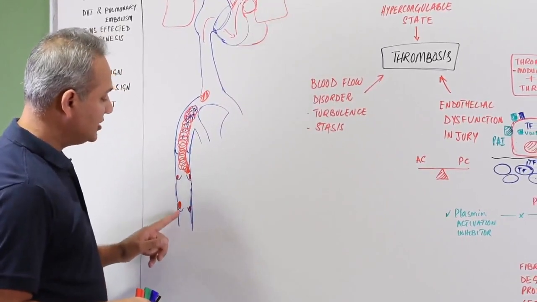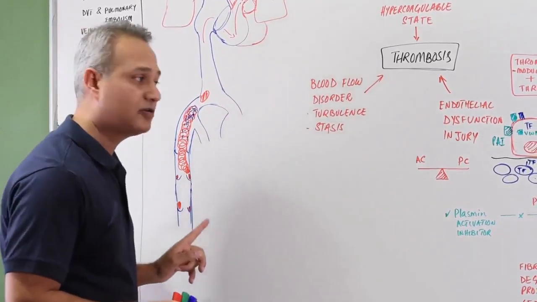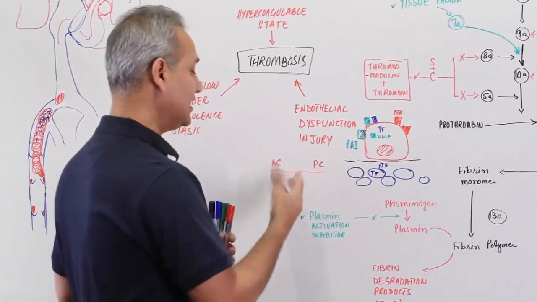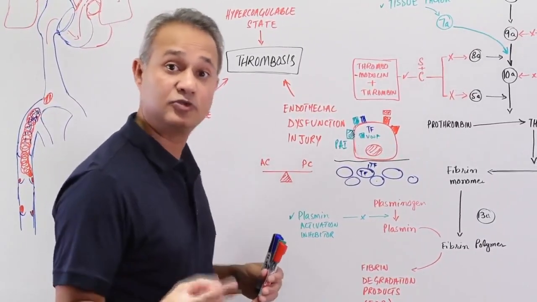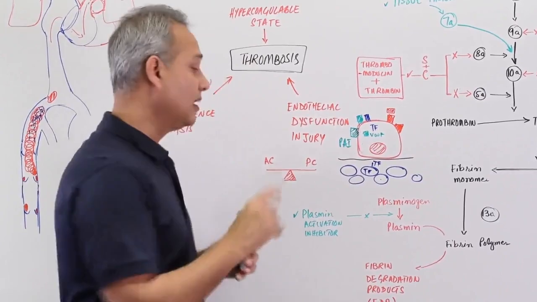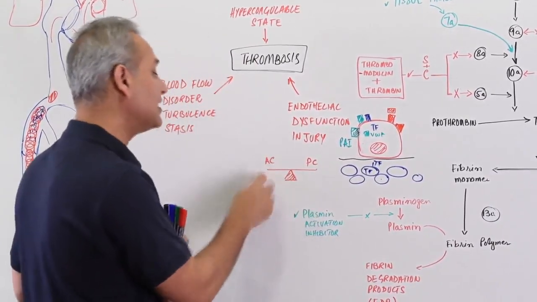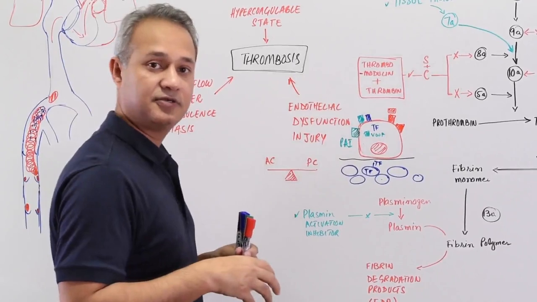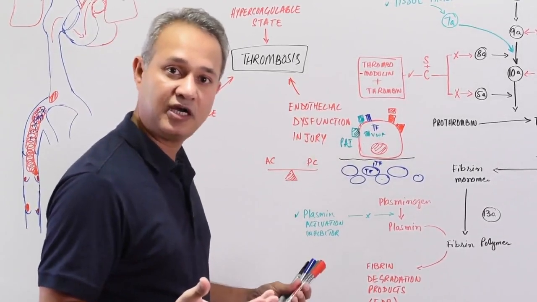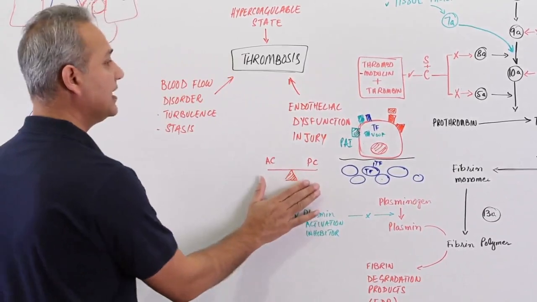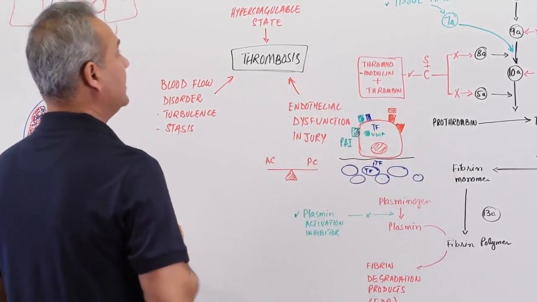If for any such reason the endothelial cell is not functioning correctly, and let's say it starts making more procoagulants than anticoagulants, then thrombosis would start with the intact endothelium. Or let's say it is not making more procoagulants, but it starts making fewer anticoagulants. Even then the thrombosis would start with the intact endothelium. So that is the endothelial factors.